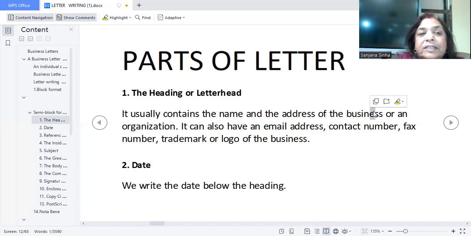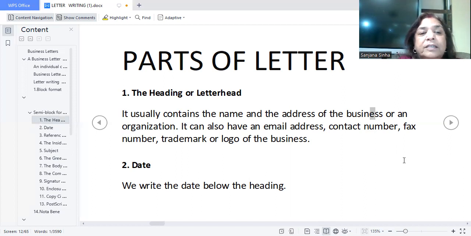Now, what is a letterhead? So a letterhead is an official writing pad of the company or any organization. So when you start working in a company, you'll be writing letters on a letterhead. And what does it contain?